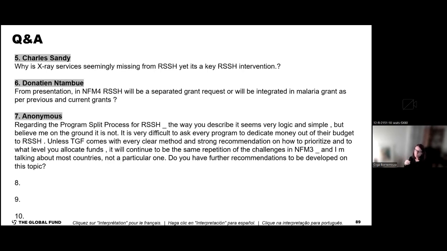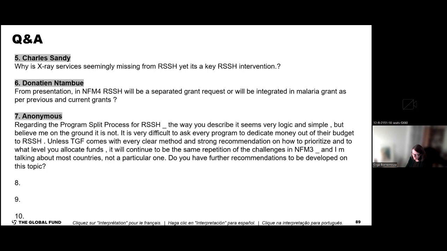And they don't try to do it as each funding request comes along, and then think, oh, at the last minute, we should do something about RSSH. So that's why we're going back to doing this. We did this in NFM1. It wasn't easy, but we want to try to do it again and see how it goes.